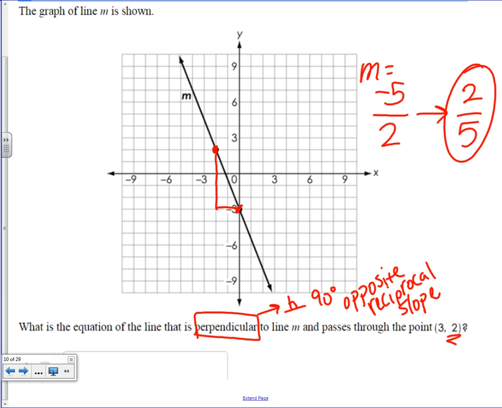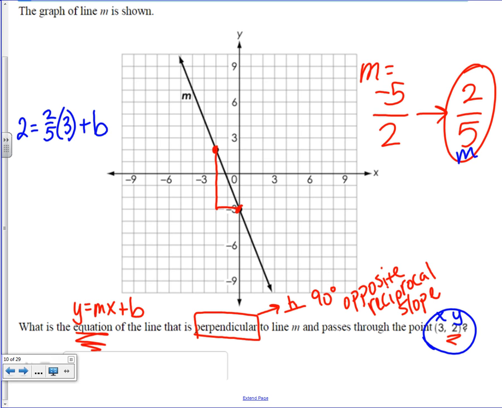Well, folks, I need an equation, which means it better look like this. So this is my M. They give me this point right here, which means I can use that as my X, and this is my Y. And then I just got to plug it in to find the B. So my Y is 2 from that point equals my M that we just found times the X. And I don't know the B yet.